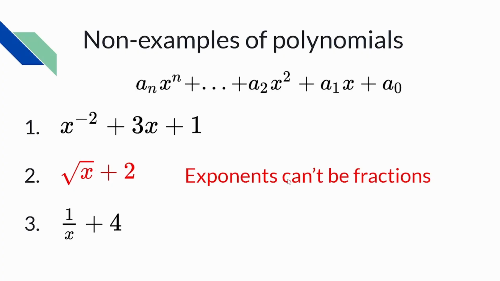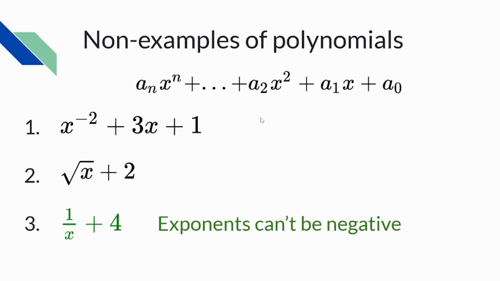All right, and exponents can't be fractions in polynomials. Here we have 1 over x plus 4. Exponents can't be negative. Okay, this 1 over x is the same thing as x to the negative 1 power. All right, so these non-examples are not polynomials.